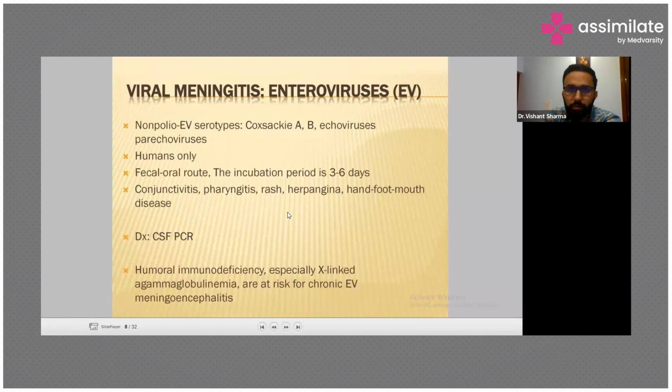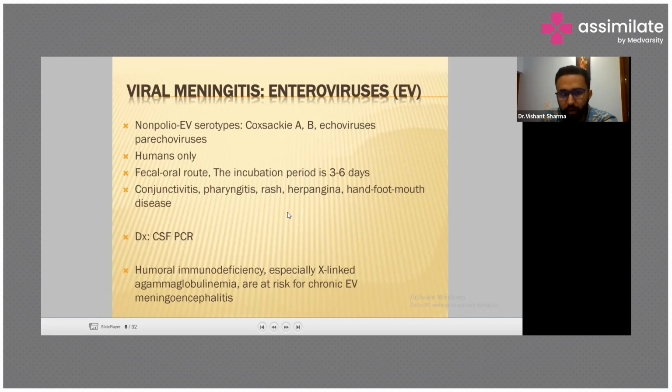How do you define viral meningitis? It is non-polio enterovirus serotype Coxsackie A and B, echovirus, spread among humans only, by the fecal-oral route. The incubation period is 3 to 6 days. It can manifest as conjunctivitis, pharyngitis, rash, herpangina, hand, foot, and mouth disease, especially in infants.